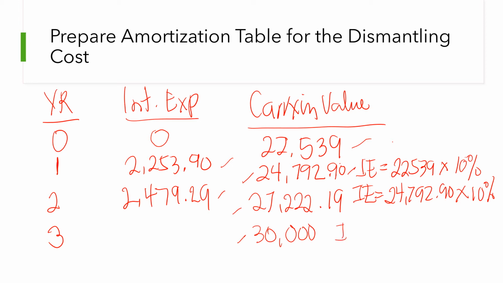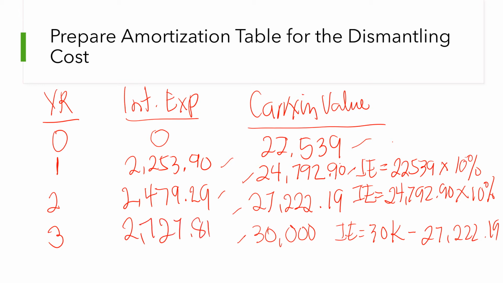So interest expense, this is 30,000 minus 27,222.19. That will give us 2,777.81.